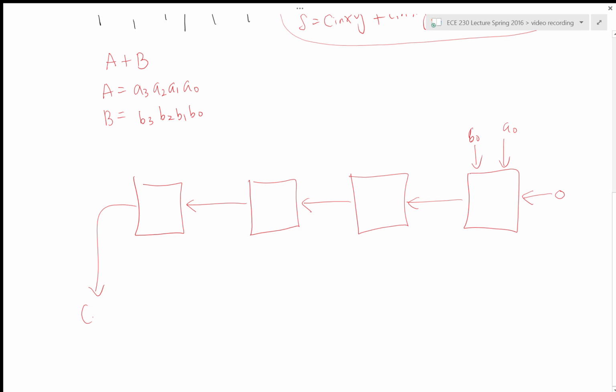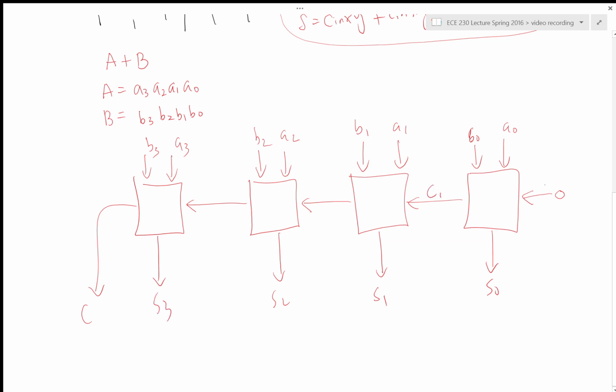This is the carry. So A1, A2, A3, B3, B2, and B1, and that is sum 0, sum 1, sum 2, and sum 3. This is carry 1.